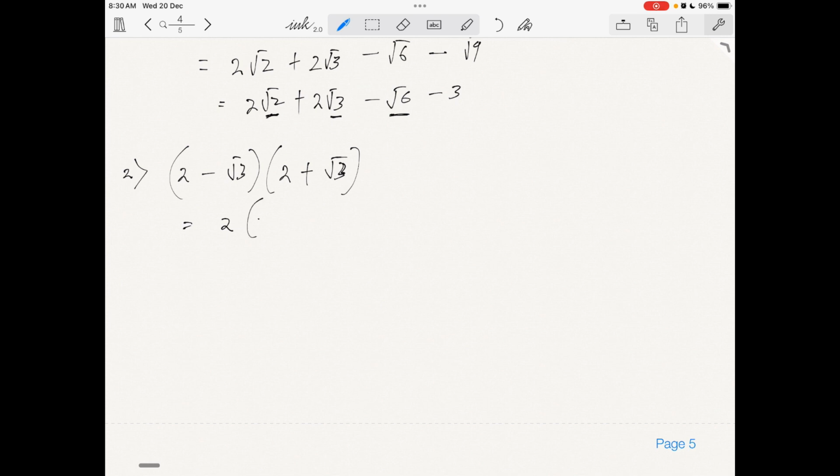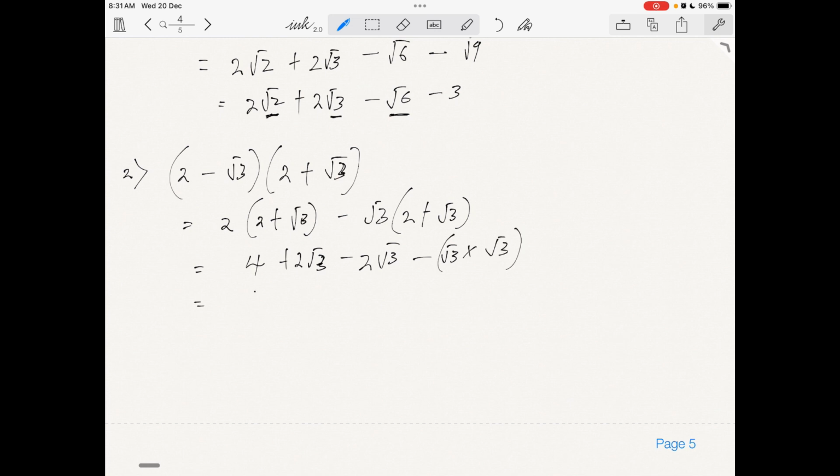This will give us 2 into 2 plus root 3 and minus root 3 into 2 plus root 3. This gives us 4 plus 2 root 3, minus 2 root 3, minus root 3 multiplied by root 3. The 2 root 3 terms cancel out, and we are left with 4 minus root 9, and root 9 is 3, so this gives us 4 minus 3, which is 1.